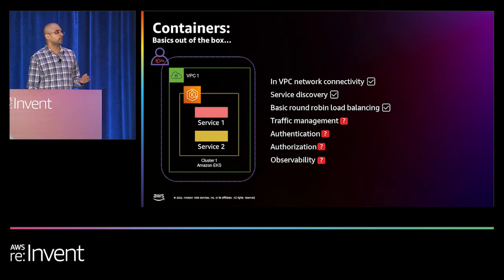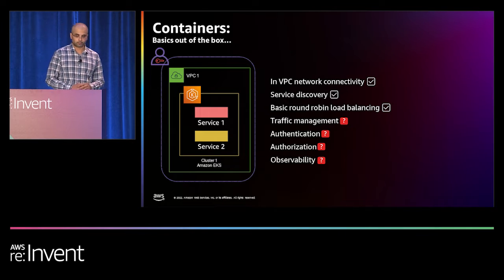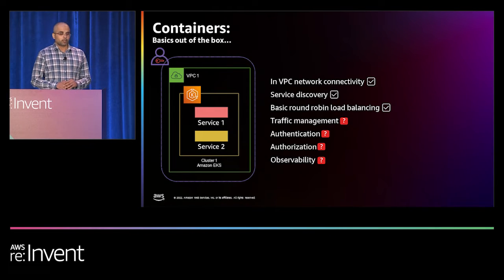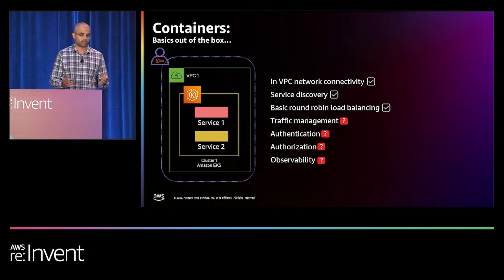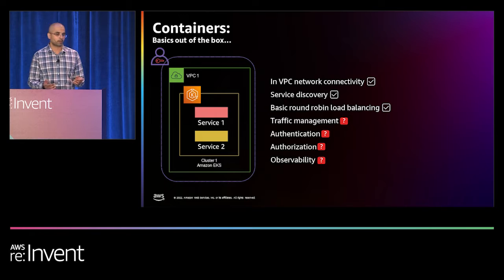Now, when you move to containers, you get the basics out of the box, right? You get service discovery. If you're using Kubernetes, you get service discovery with kube-proxy, as well as with CoreDNS, and then you get connection-level round-robin load balancing with kube-proxy.